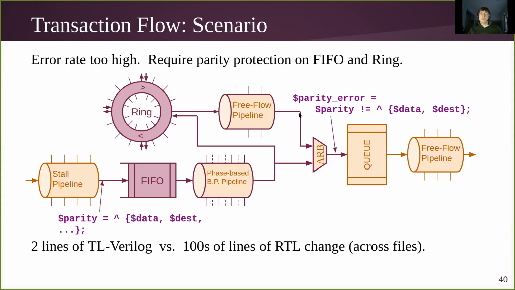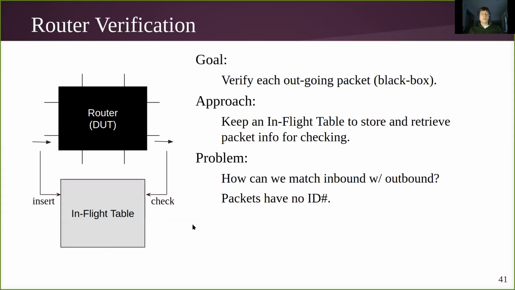So chasing the graph produced by all of these any expressions back through this flow to the point where parity is available, and then dragging it, stitching it forward through the logic. So two very simple lines of TL-Verilog code resulting in hundreds of lines of RTL change.